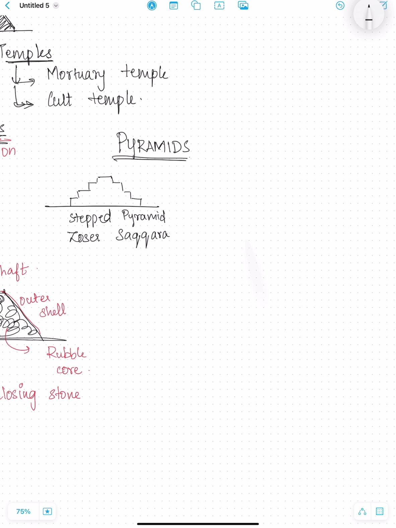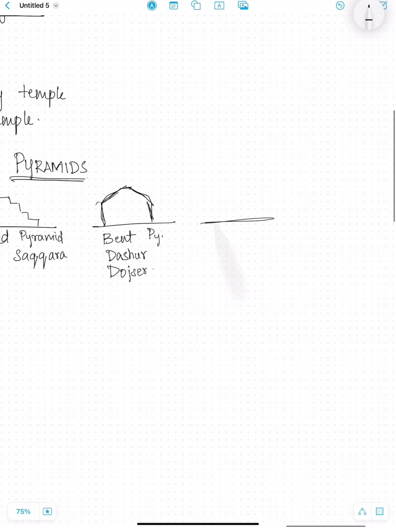Then they had a bent pyramid, and Dahshur is famous for this. And then the true pyramid, which is the pyramid of Giza, or Cheops.